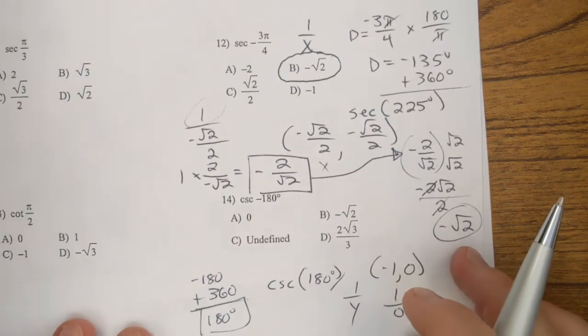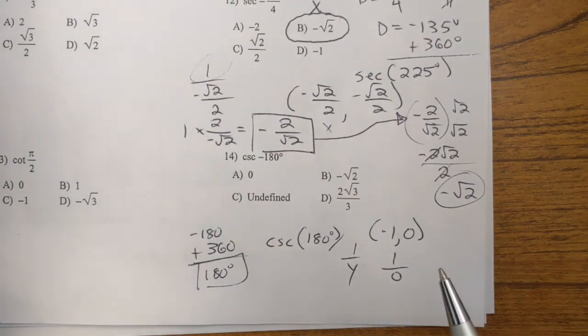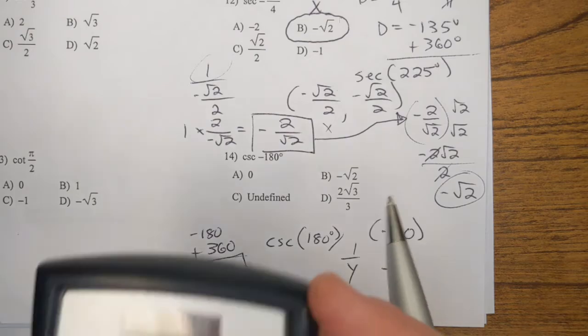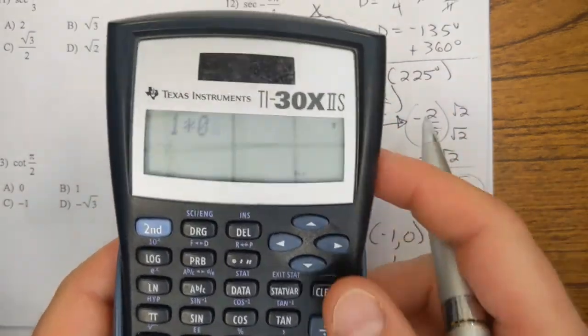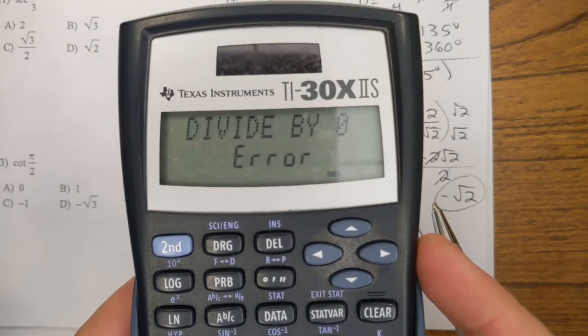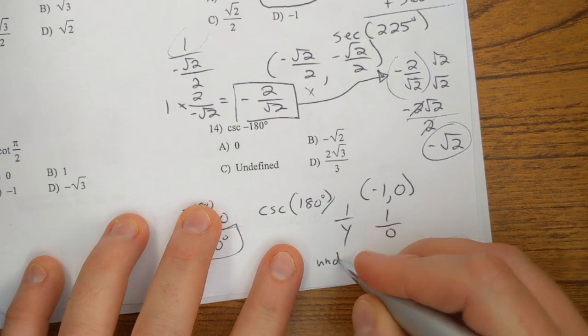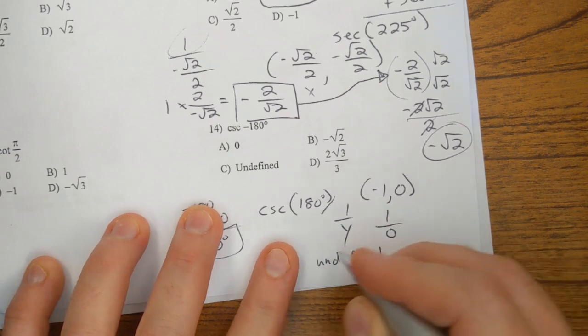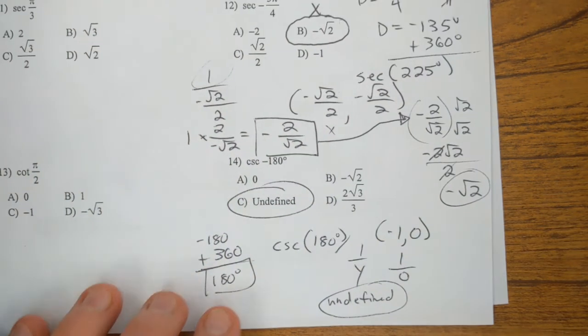Now, I don't know if you remember, if you ever try to divide something by 0, 1 divided by 0, that's an error. You're not allowed to do it. That is called an undefined answer. It's impossible to divide by 0. So that problem is undefined.